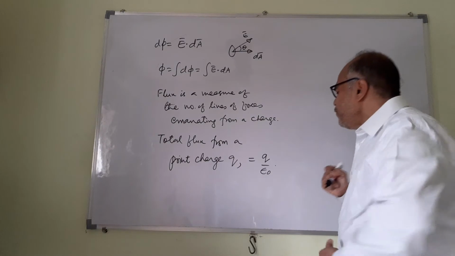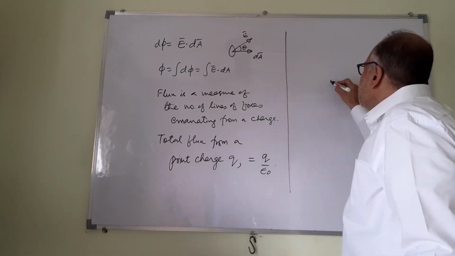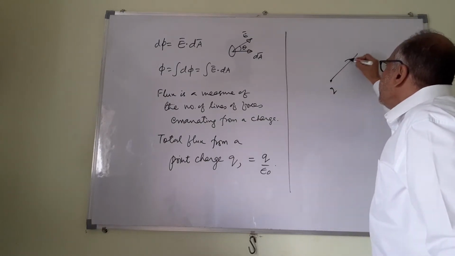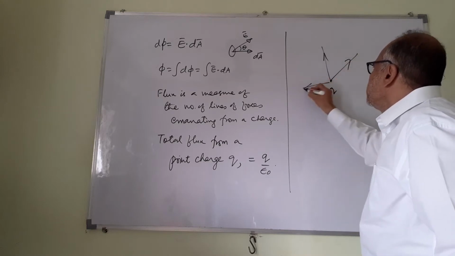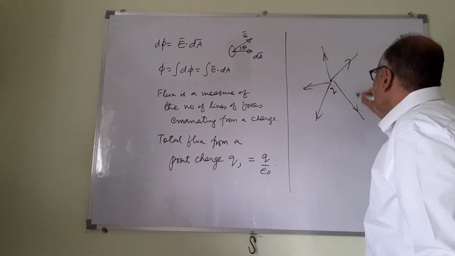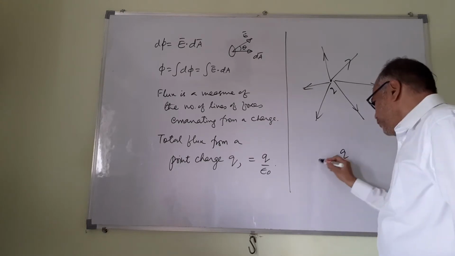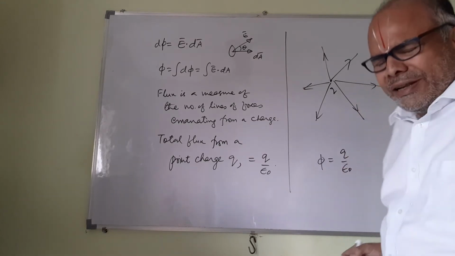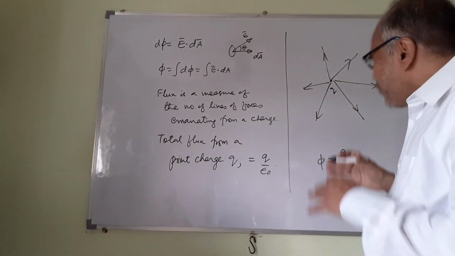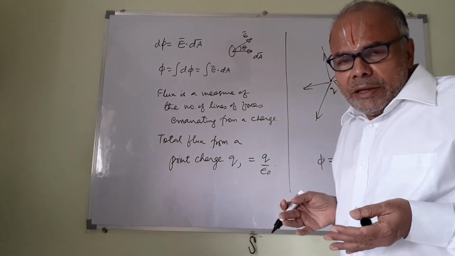Now, if there is a charge Q and the total flux is Q by epsilon naught, this flux will be passing through some area.